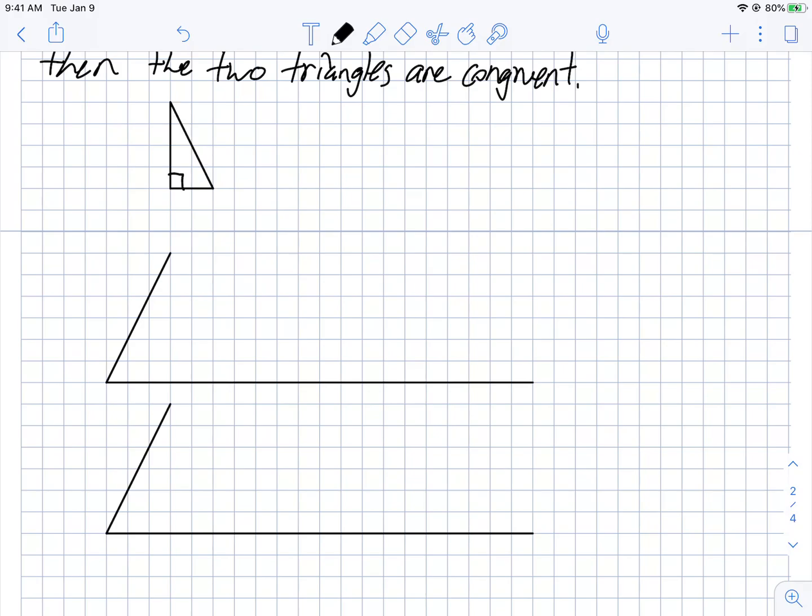Right triangle. So a right triangle, the hypotenuses are congruent, and one of the legs, a pair of legs, are congruent. If we set up these two triangles like a right triangle, so let's go with purple.